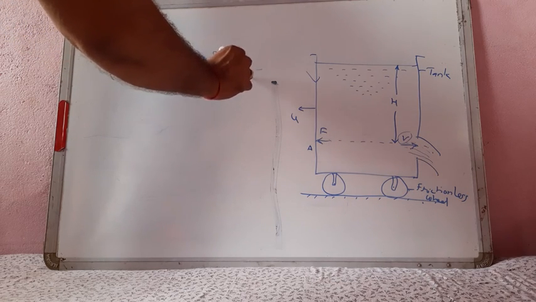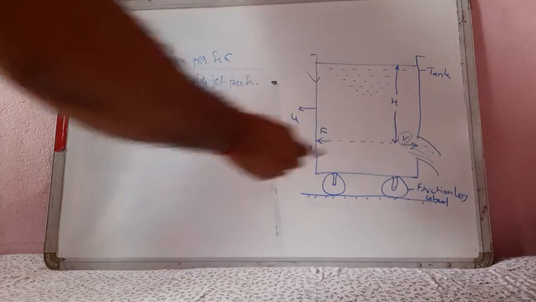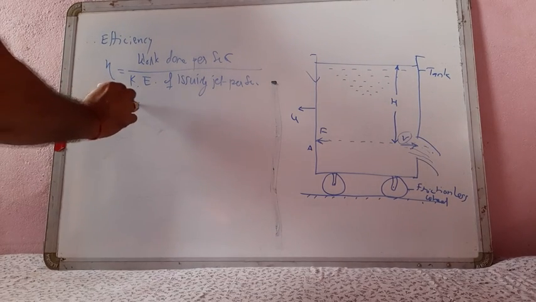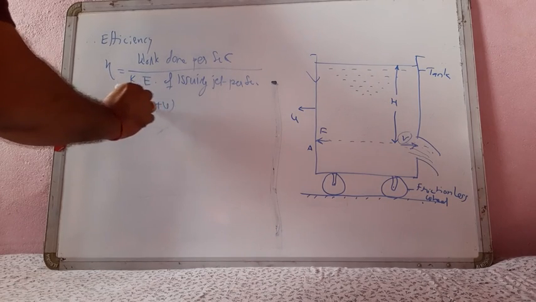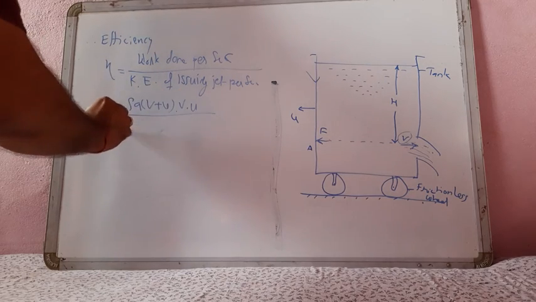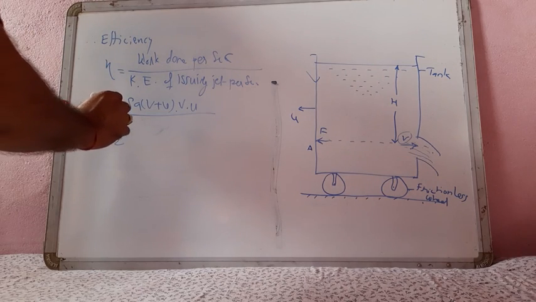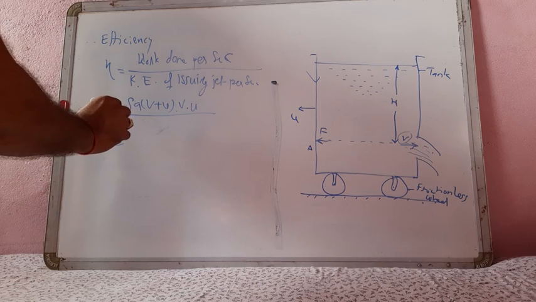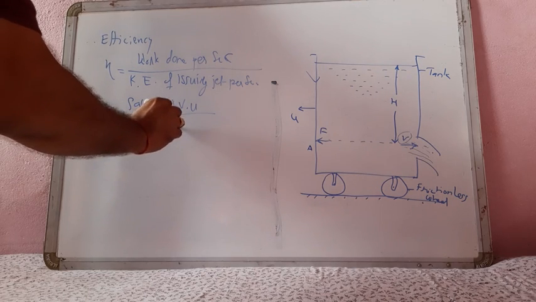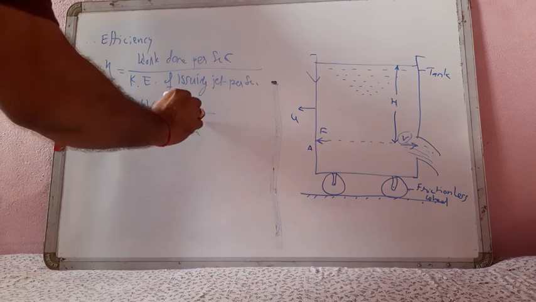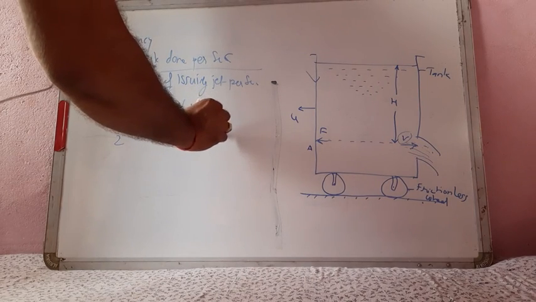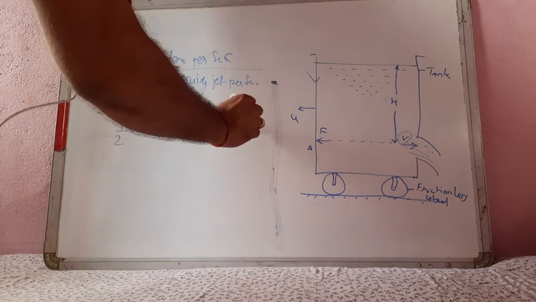So putting the values here, rho A (V plus U) into V into U, divided by half of the mass of water issuing per second into the velocity of the issuing jet.